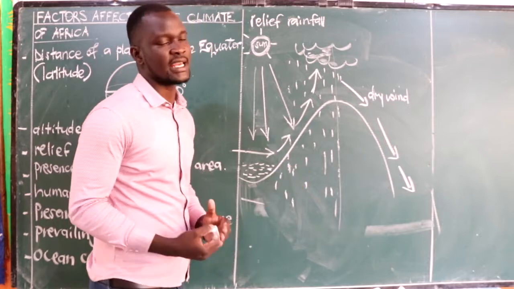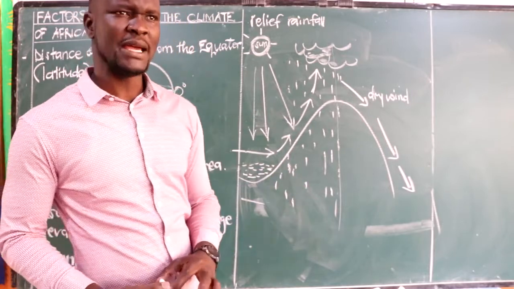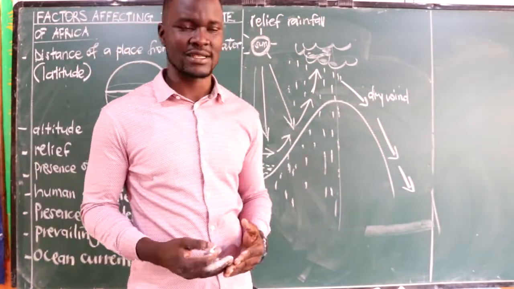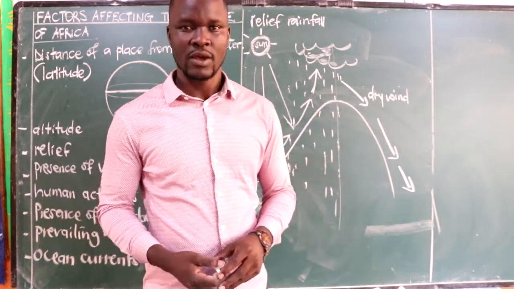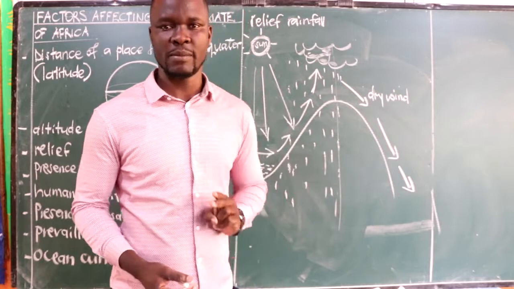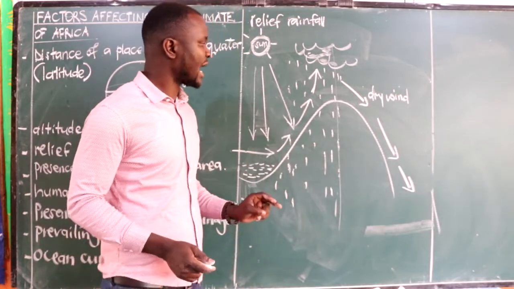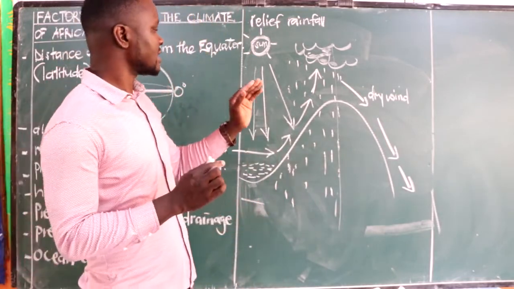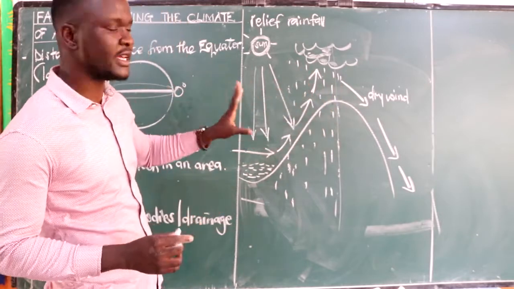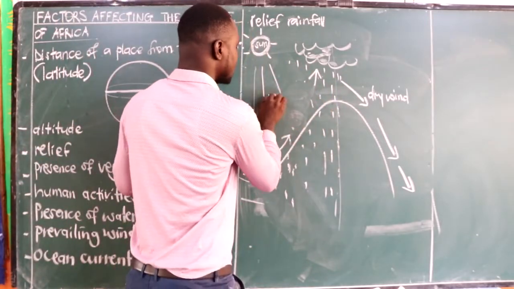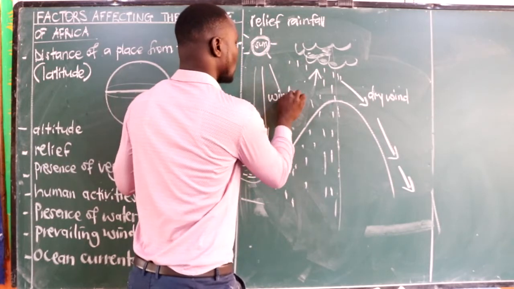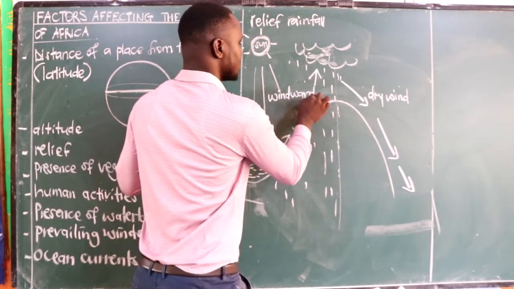We give these names. Sometimes children in a candidate class always make minor mistakes. When we talk of the two sides of a mountain, we are looking at the side which receives rain, and that is the side we give the name the windward side.